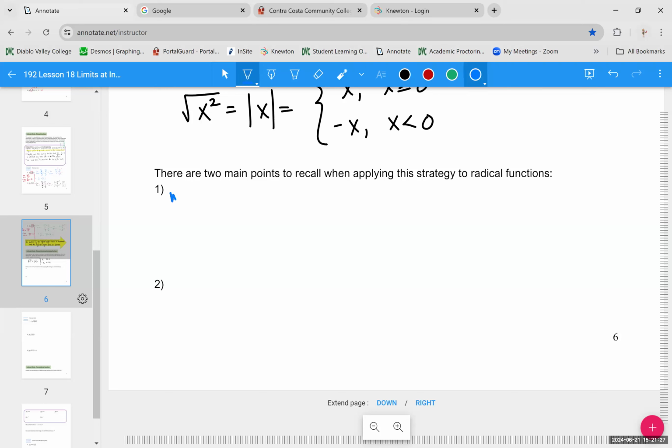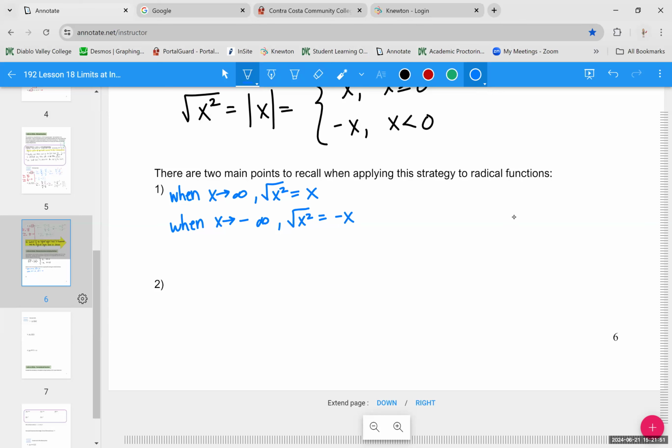So when x is approaching positive infinity, we're talking about positive x's. So the square root of x squared is just good old x. However, when you're approaching negative infinity, now you're in negative numbers. So the square root of x squared is now going to be negative x.